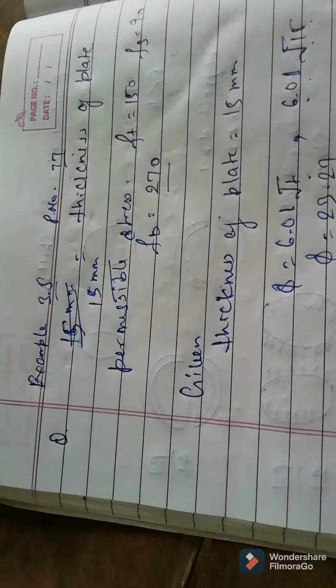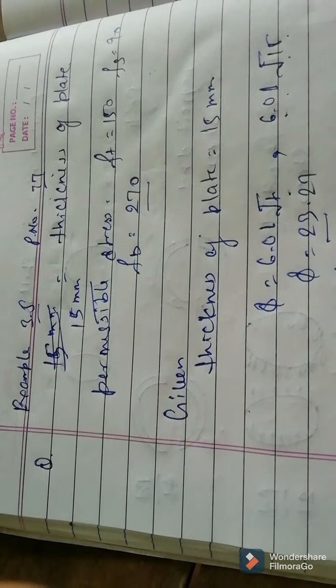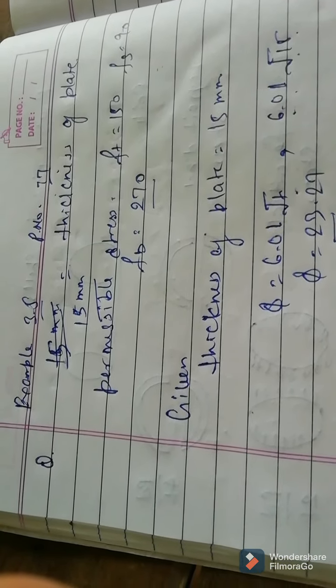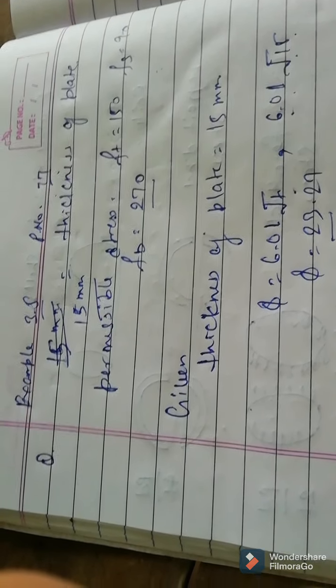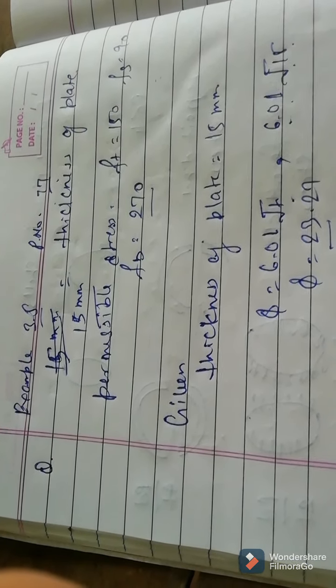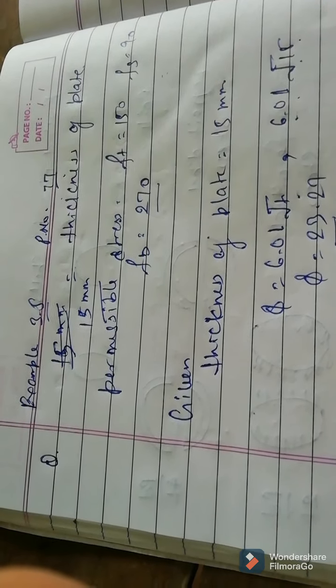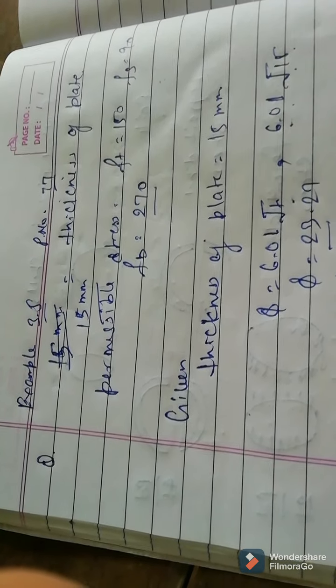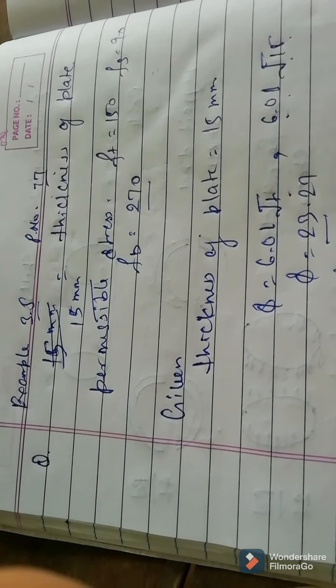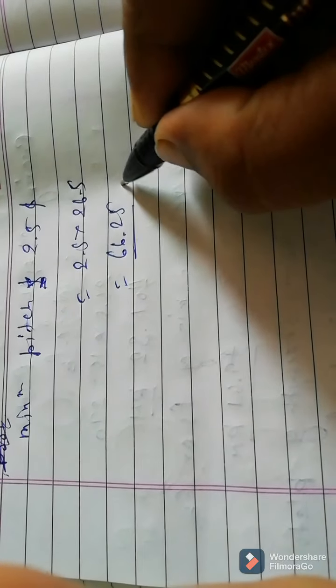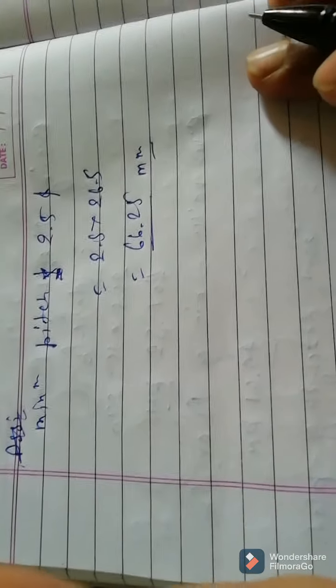So if you calculate the pitch, 49.61 into 10 power 3 by 15 into 150 plus 26.5, the pitch is 48.54 something mm. But the minimum pitch says it should not be less than 66.25.